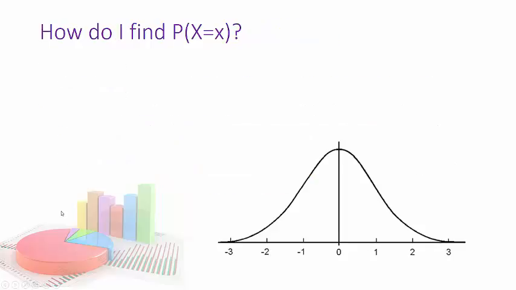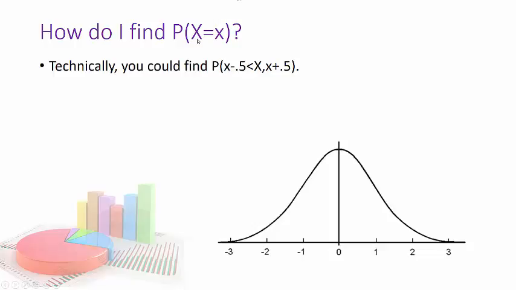Okay, so how can we find probabilities using the normal distribution? Well, the normal distribution doesn't really give you the probability of a single value, because it's so tiny. So if you're dealing with finite counts, discrete, you could round. Say you want a probability of 20.